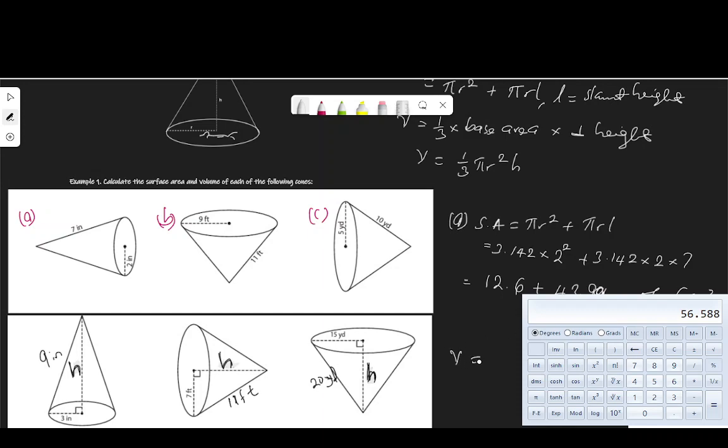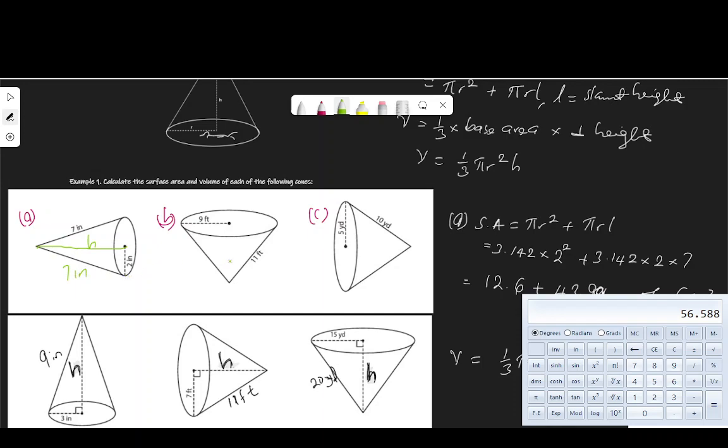The volume V is 1 over 3 pi r squared h. Here the h is not given, so we need to calculate it first. This line is not given, so let's call it h. We can use Pythagoras to get that. Of course, this place is 7 inches.